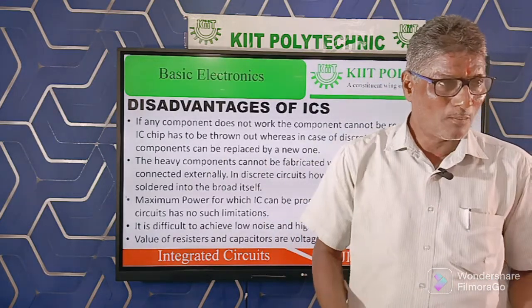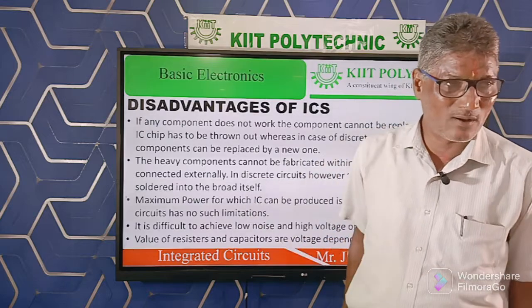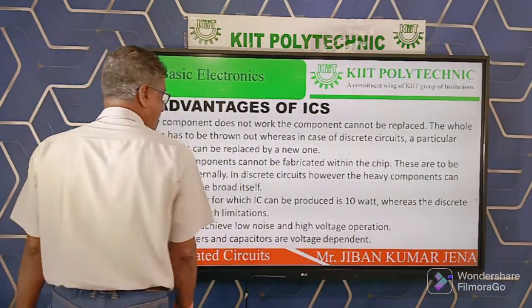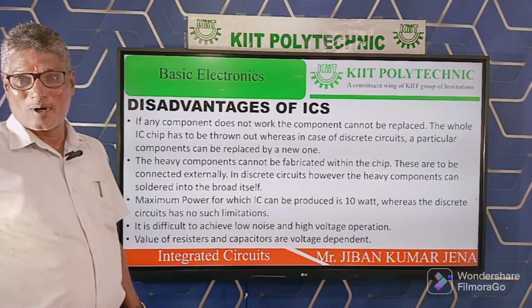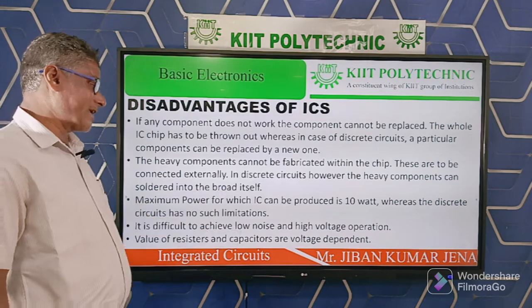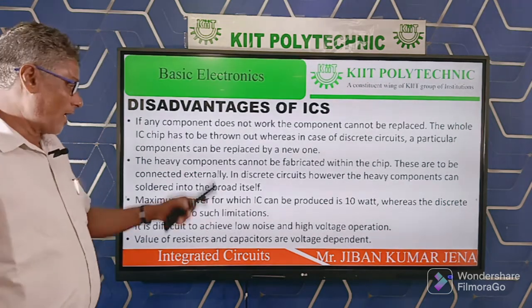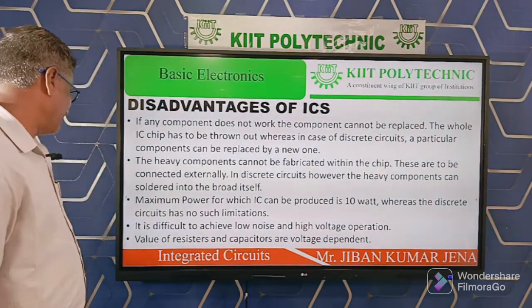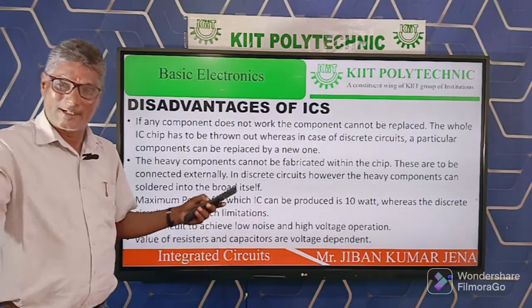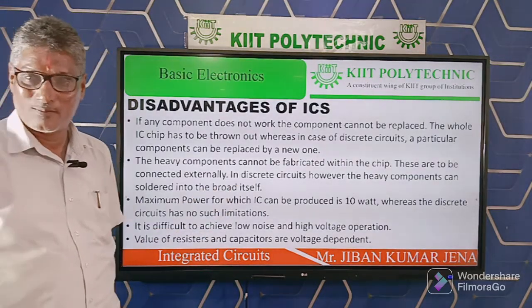They are used, but they are used externally. So this is a drawback. You cannot use heavy components like a transformer or an inductor inside the IC. But in a discrete circuit, the heavy components can be soldered onto the board itself, on the PCB itself.